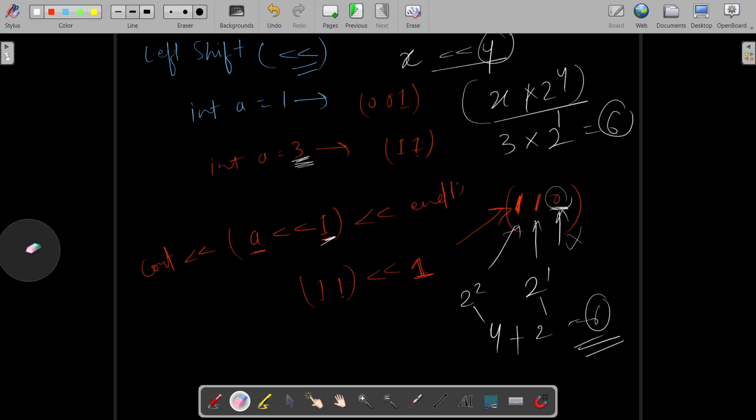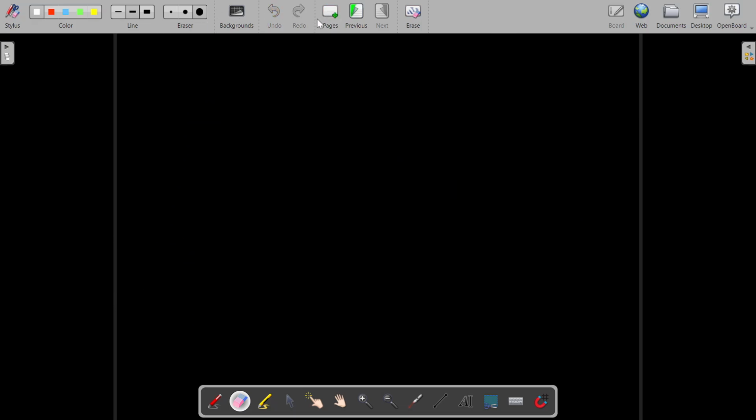Suppose you are trying to find, let me take you to another page, the left shift of a number x when it is shifted to the left by y places. x left shift y can also be written as x into 2 raised to power y.